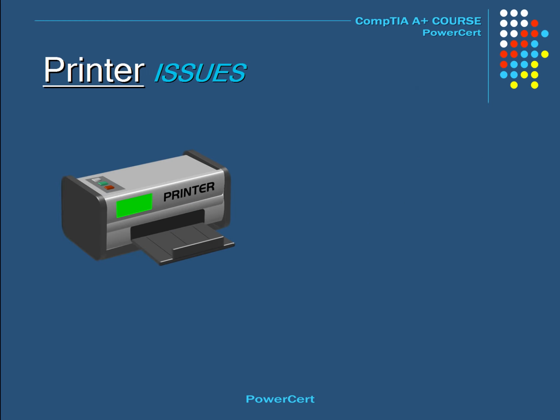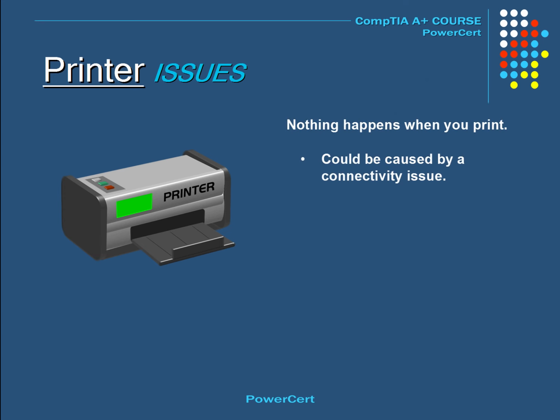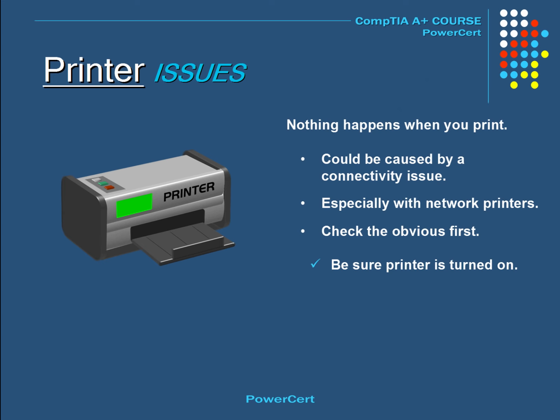A lot of times when you're trying to print something and then absolutely nothing happens, well then this could be a connectivity issue. Connectivity issues are extremely common, especially when you're dealing with network printers. But the first things to check are the obvious ones. For example, make sure the printer is actually turned on. Or check for any errors on the printer's LCD display if it has one.